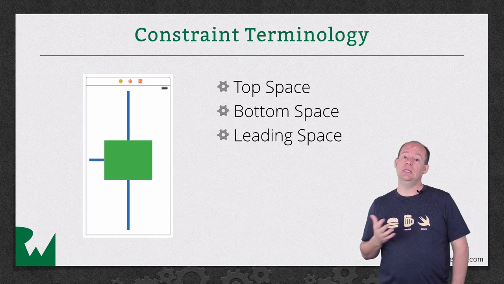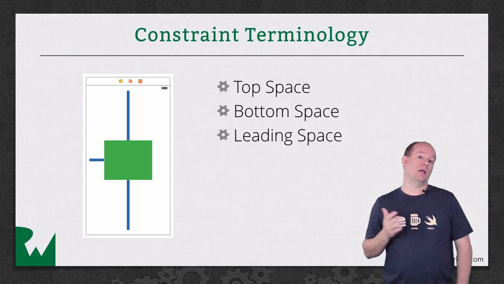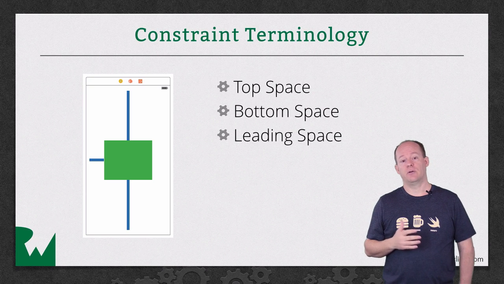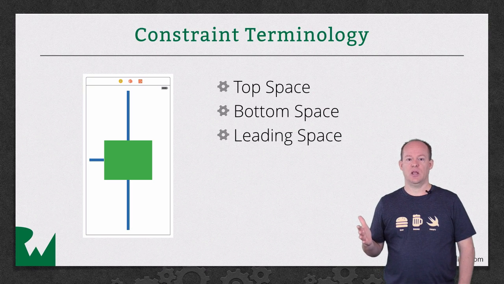It's the edge that leads the reading direction. Then if your user is using your app in a right to left language, the constraints will automatically adjust the interface for that direction. You can create an explicit left space constraint, but usually you want to just create a leading space constraint to make supporting other languages easier.